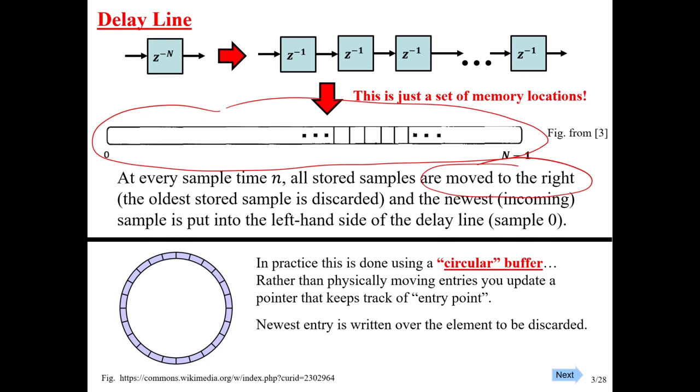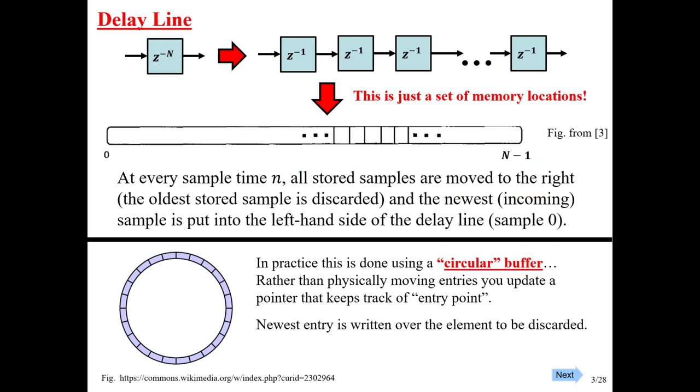Well, we don't want to have to go into our memory and physically move things. That would require a lot of extra computer processing. So what we're going to do is leave everything in place. We're just going to change our pointer as to where our beginning is, where our first entry is.